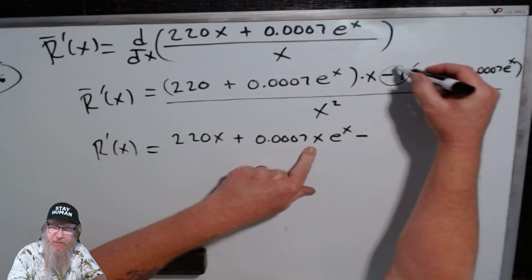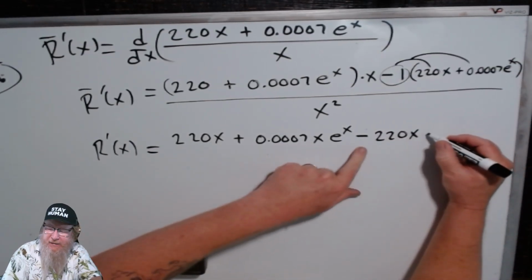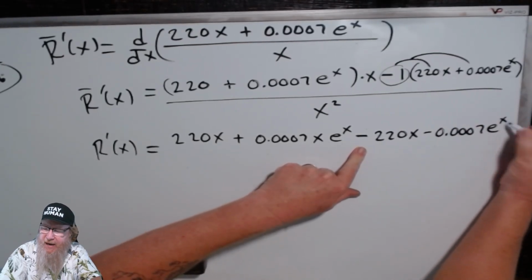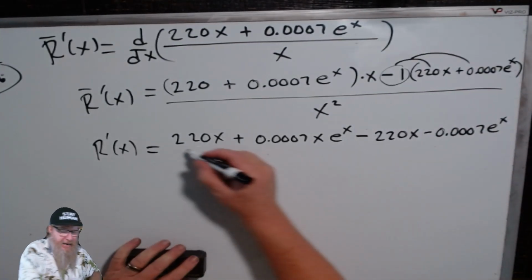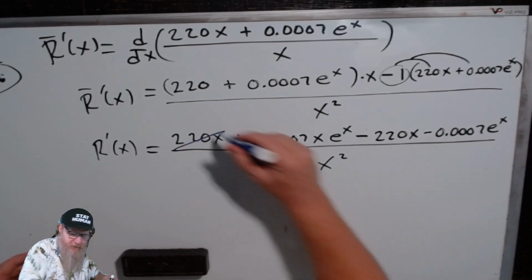Now I'm going to distribute this -1, so that's going to be negative 220x, and then negative 0.0007e^x. And I'm glad I did that now, because these 220s will cancel.